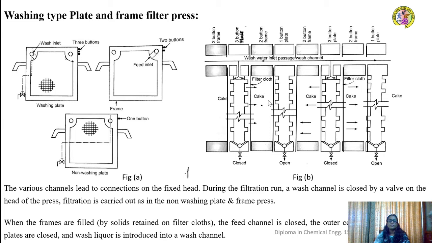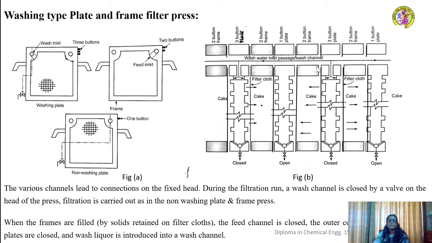So now we cannot further carry out the filtration cycle. So the slurry inlet channel will be closed. Then the wash liquid inlet channel is used for washing by admitting the wash liquid through that channel.